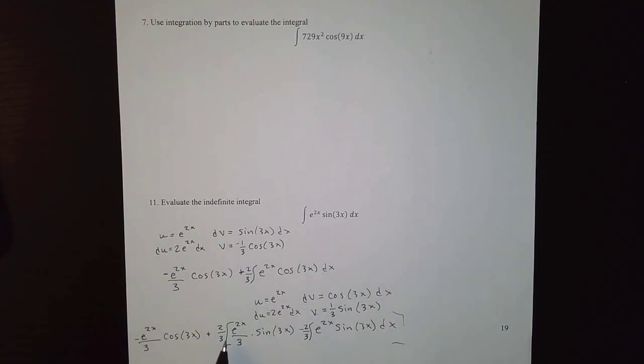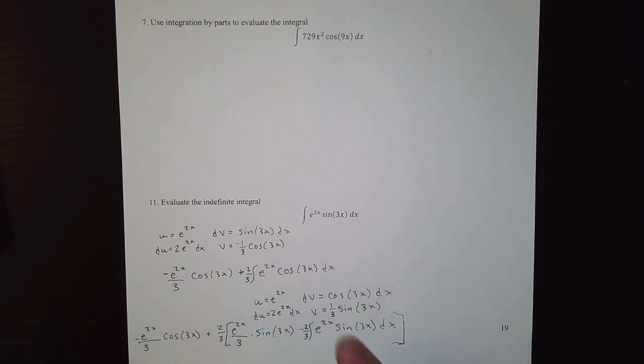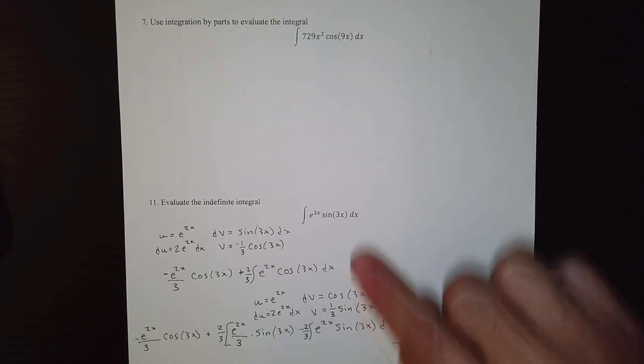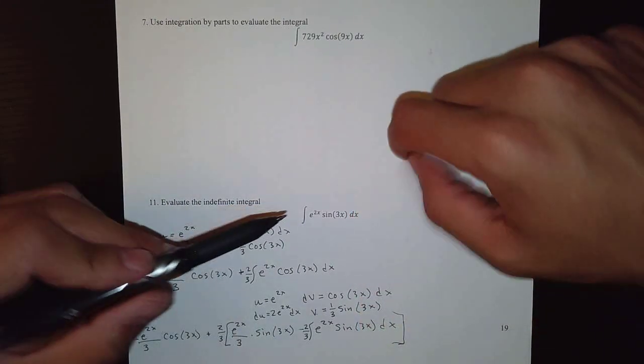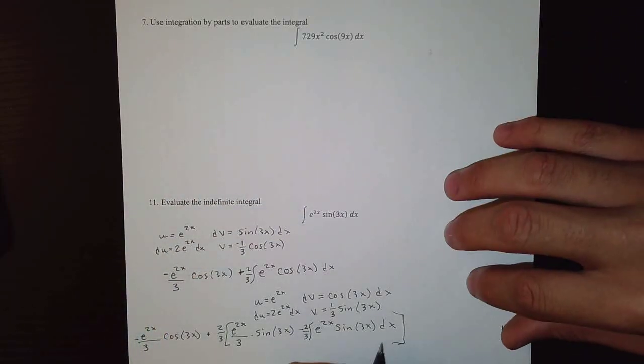And let's just simplify this, because we can see that we ended with the original integral that we tried to solve. And so we would have to rewrite this in some kind of way.